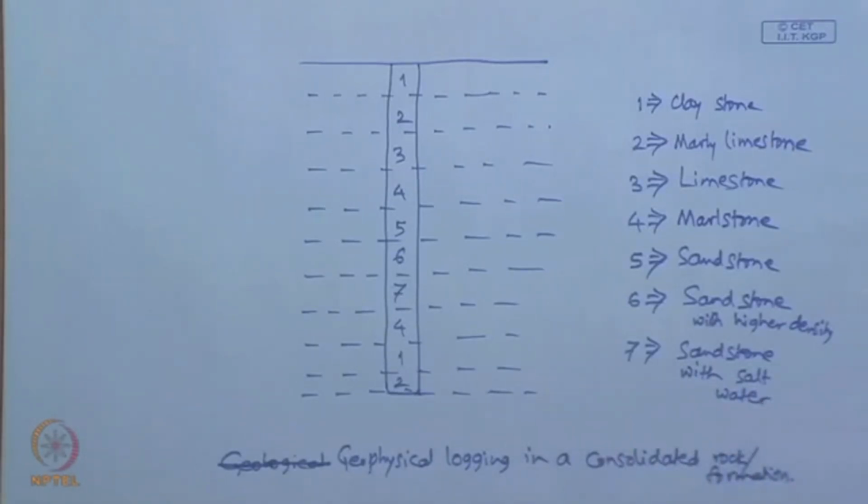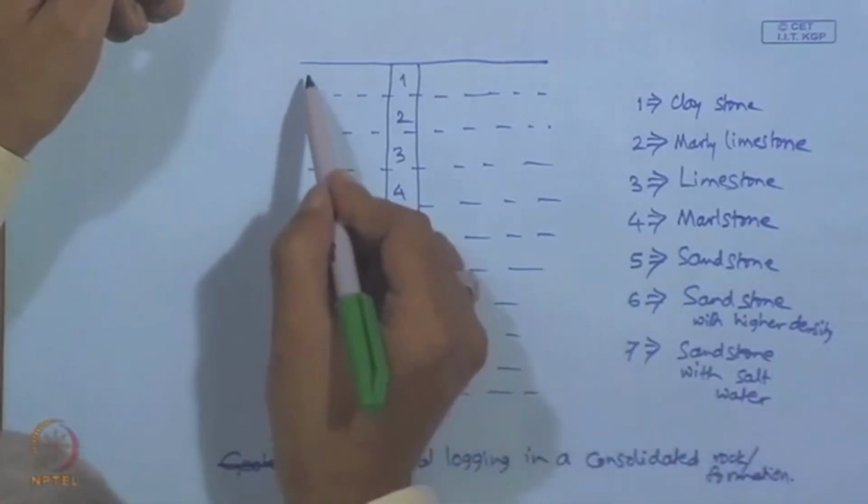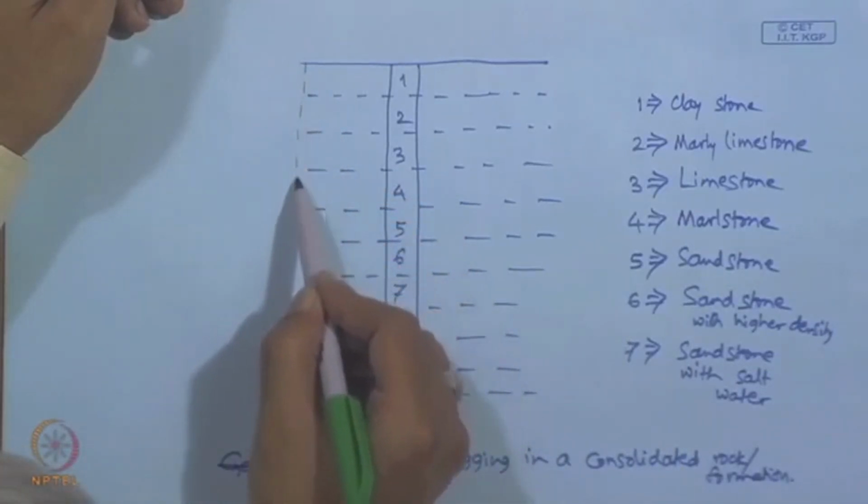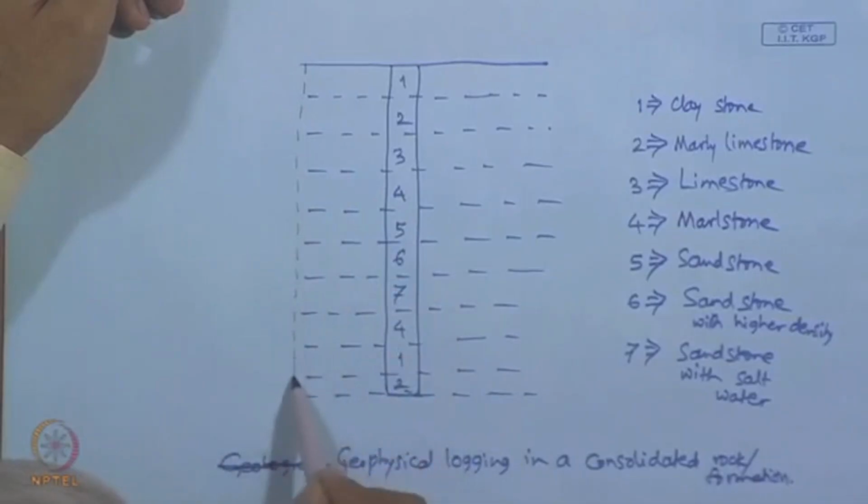So, let us say these are the 7 formations in the consolidated rock, and let us say the spontaneous potential is indicated in this green color.